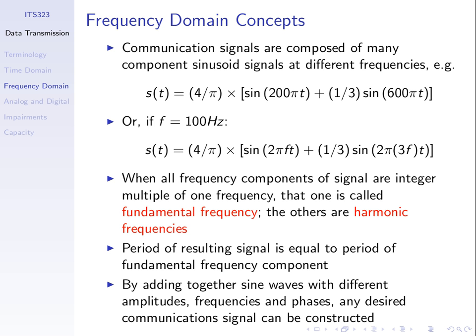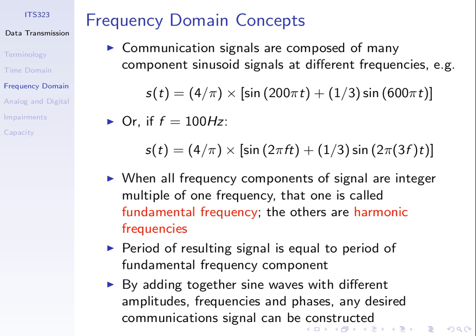I'm going to separate the two components for S of t. We see it's 4 divided by pi times sine 200 pi t plus a third sine 600 pi t. Let's say S1 of t is 4 divided by pi sine 200 pi t. S2 of t is 4 divided by 3 pi.